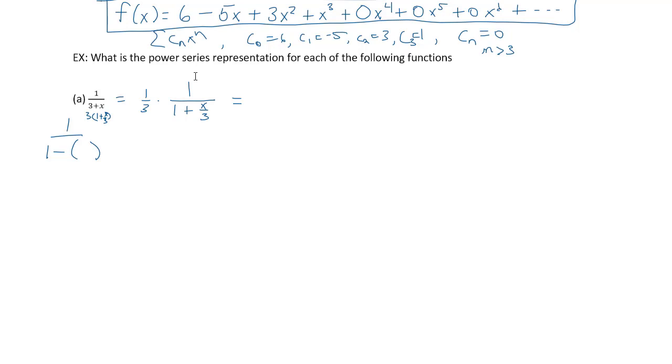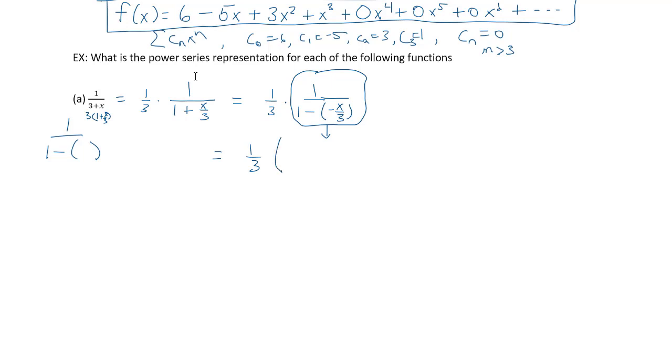Okay, and to go one step further, that looks like a 1/3 out front over 1 minus a negative x over 3. Now here's my 1 over 1 minus something, which I could then plug in. Now that right here will look like a power series using my known geometric series.